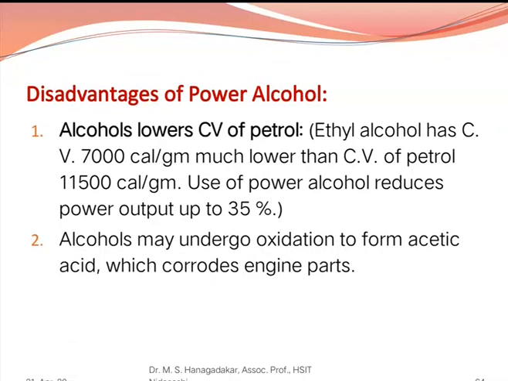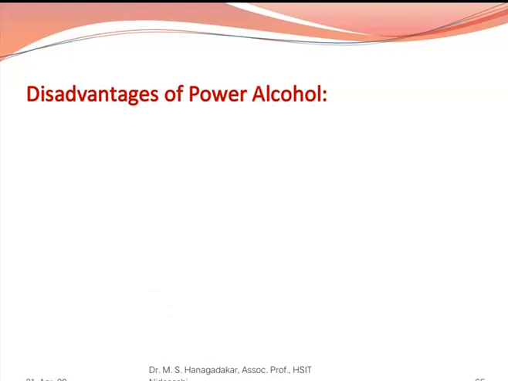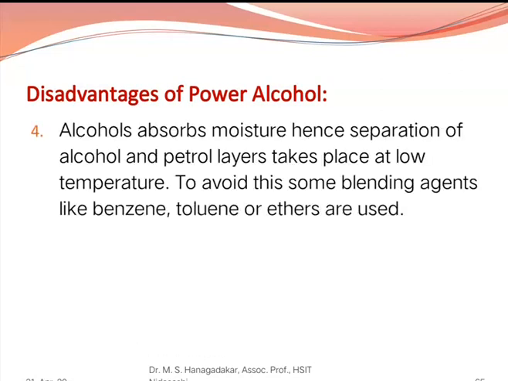Alcohols may undergo oxidation to form acetic acid, which can corrode the engine parts. And ethyl alcohol is obtained by the fermentation process, so it cannot be directly added to petrol. It is first dehydrated, then used. Alcohols absorb moisture, hence separation of alcohol and petrol layers may take place at low temperature.